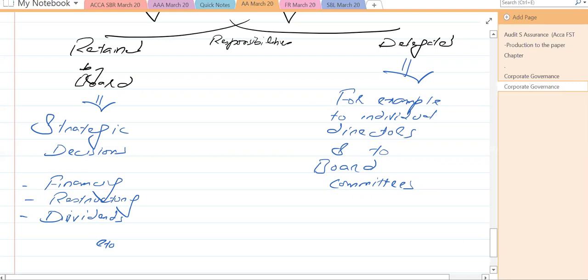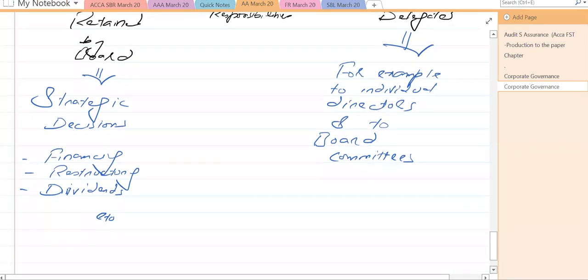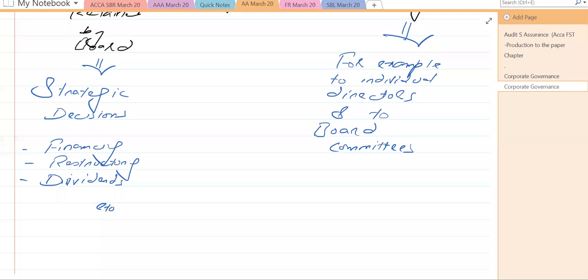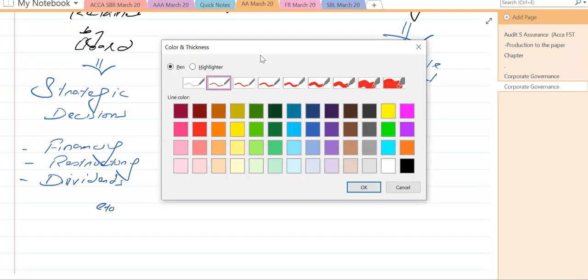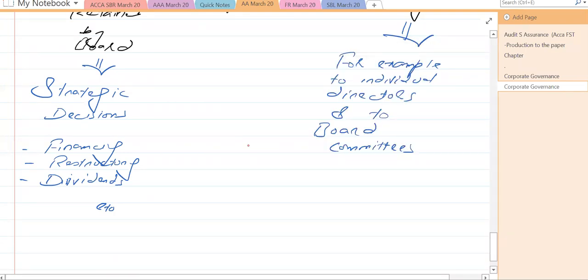And then responsibilities are delegated to the board committees. Why are responsibilities delegated to board committees? Because everything cannot be done by the board itself. And secondly, the board is responsible for the tasks they have been given. There are 4 types of board committees: 3 are the major ones, and then the 4th.